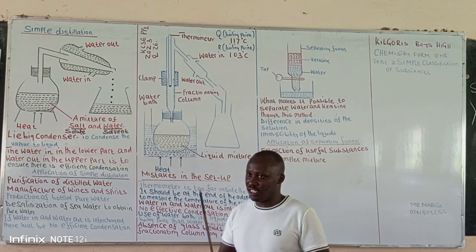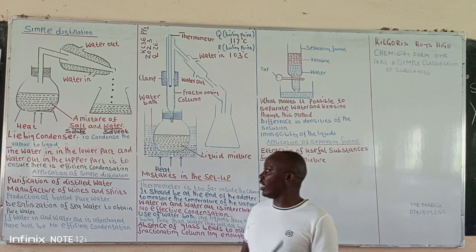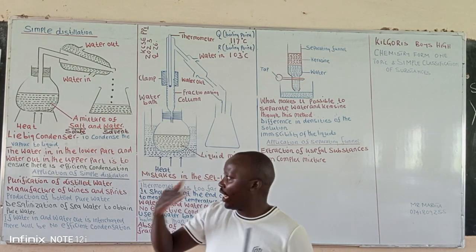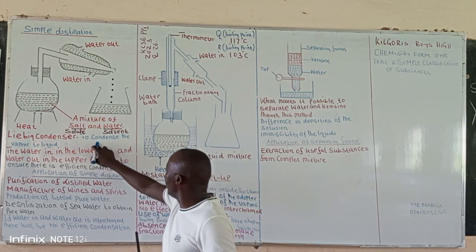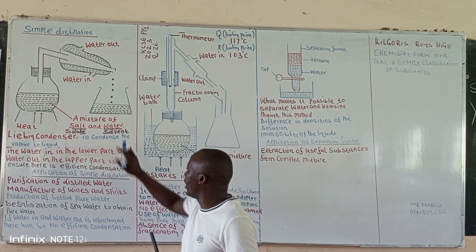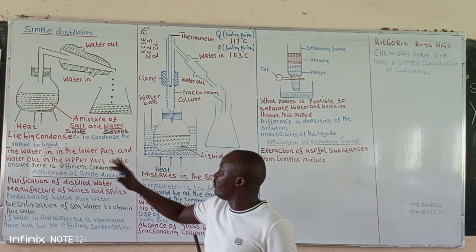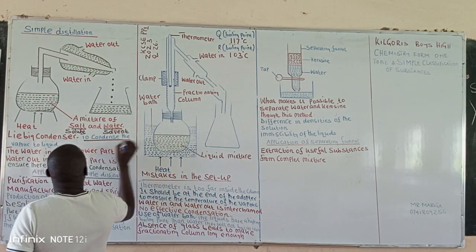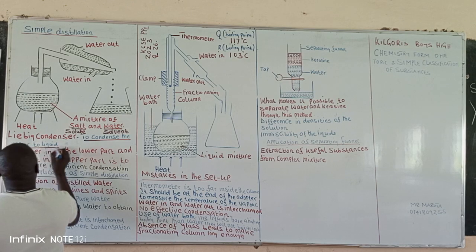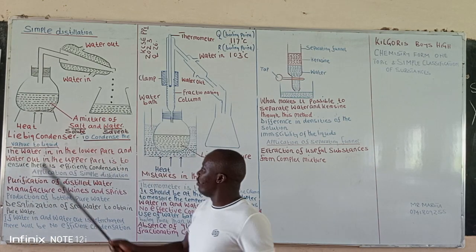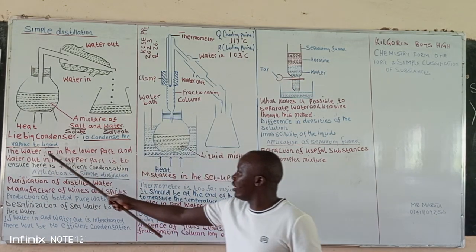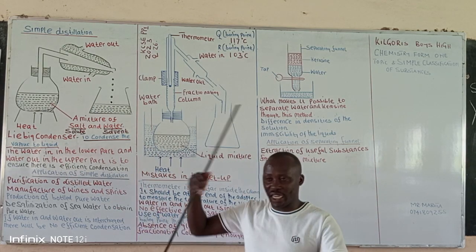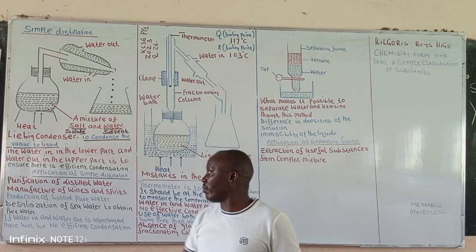What are some of the things that you are supposed to understand from this? We have a Liebig condenser. The purpose of the Liebig condenser is to condense the vapor to liquid. We have the water in at the lower part, and the water out at the upper part.